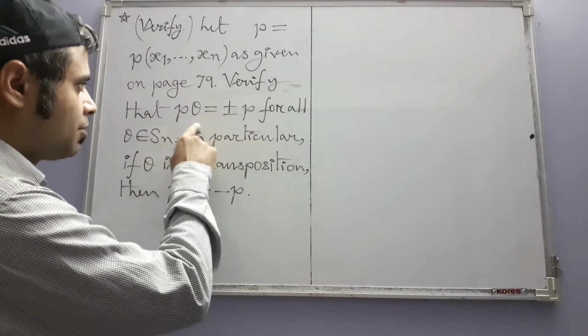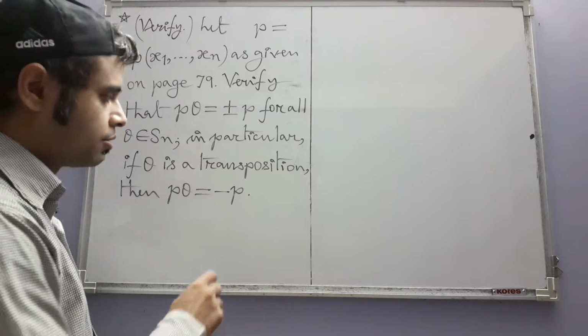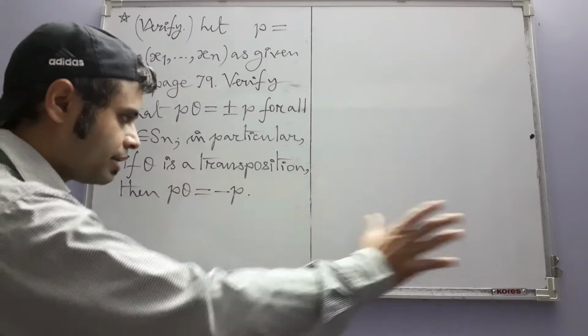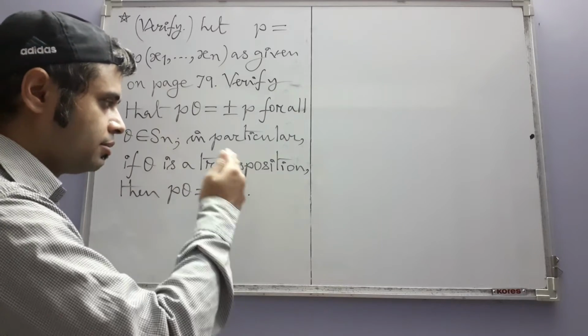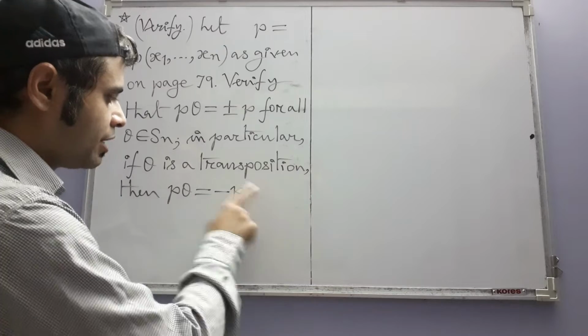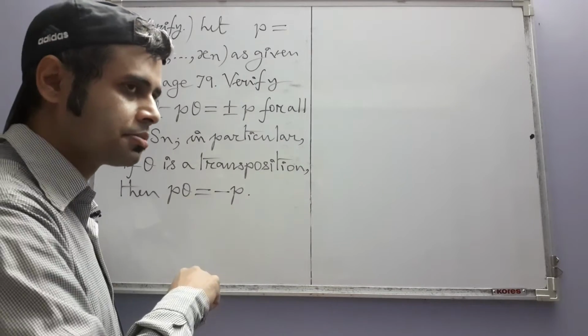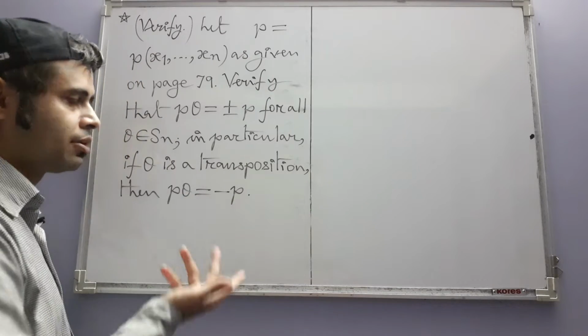Because any permutation theta is a product of 2 cycles. So you can apply that product of 2 cycles on this p by applying one 2 cycle at a time. So you will get minus p, then again minus of minus p, you get plus p. So that way you will either get minus p or plus p.